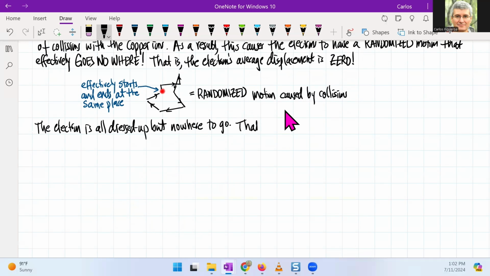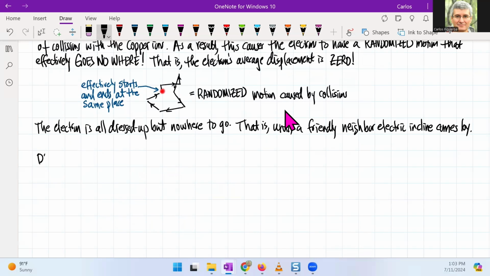That is, until a friendly neighborhood electric incline comes by.